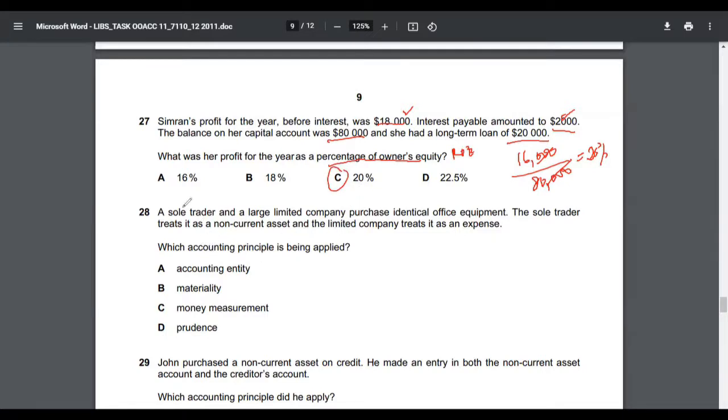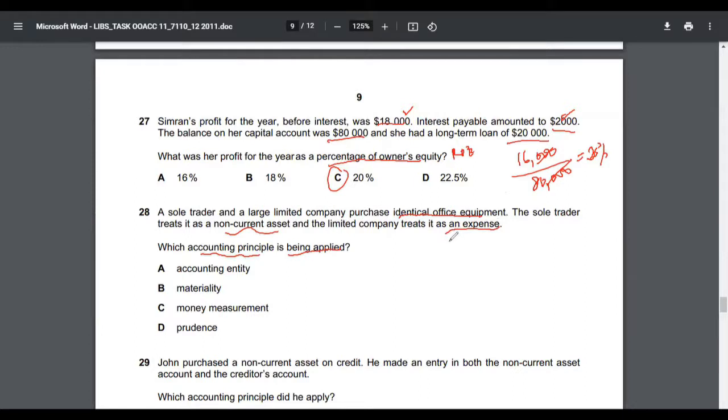Multiple choice 28. A sole trader and a large limited company purchase identical office equipment. The sole trader treats it as a non-current asset and the limited company treats it as an expense. Which accounting principle is being applied?